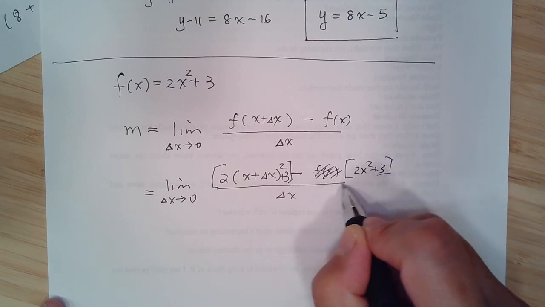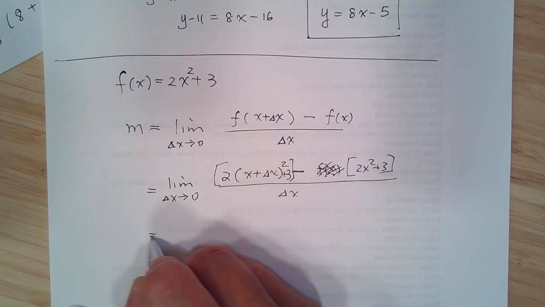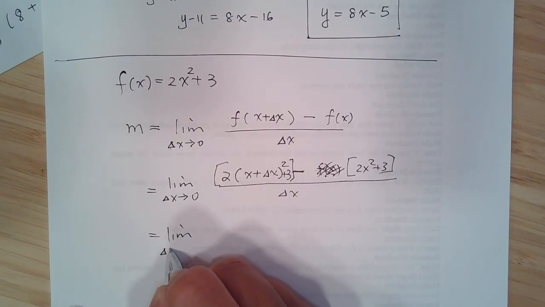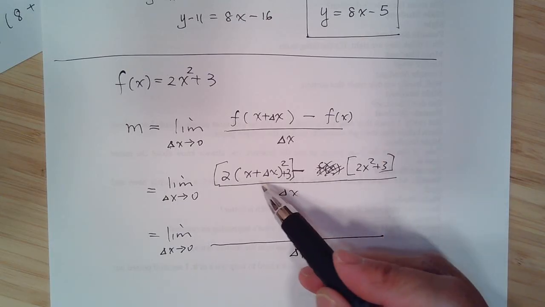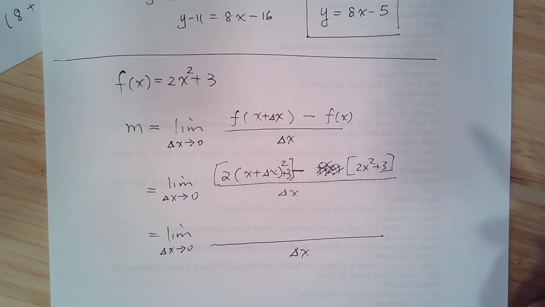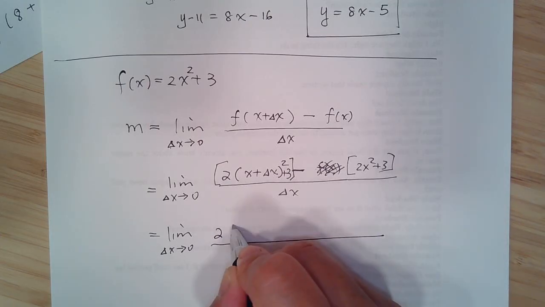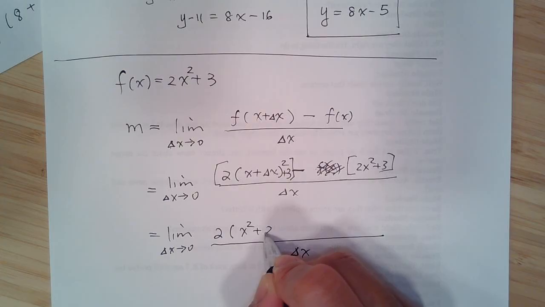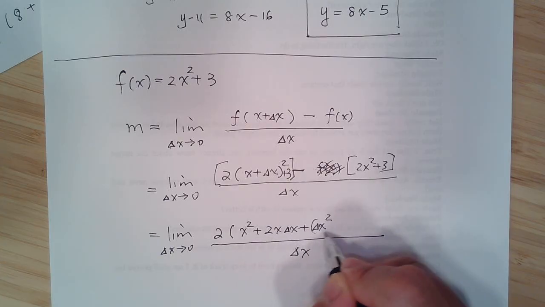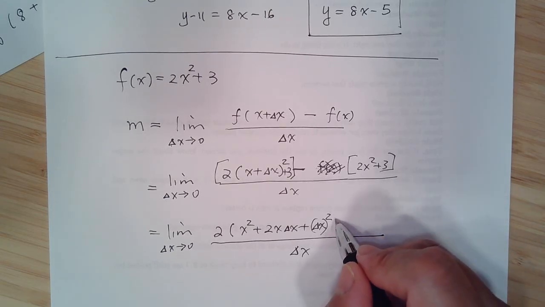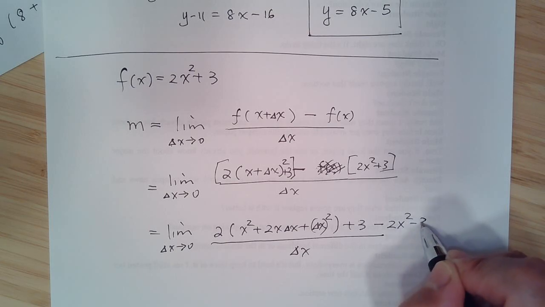I think sometimes I want to skip steps. Okay, so limit as delta x approaches 0. And then if you remember the numerator, we have a plus b squared, which is a squared plus 2ab plus b squared. So I get twice of x squared plus 2x delta x plus delta x squared, twice of this plus 3 minus 2x squared minus 3.